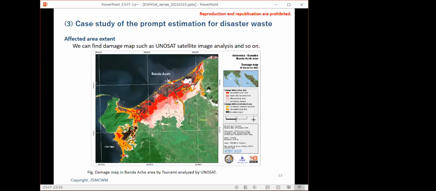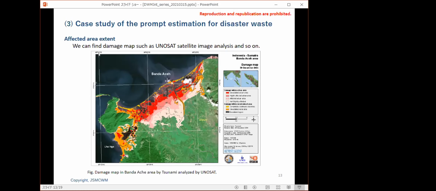And I also use a disaster map analyzed using satellite data for the Banda Aceh tsunami affected area.